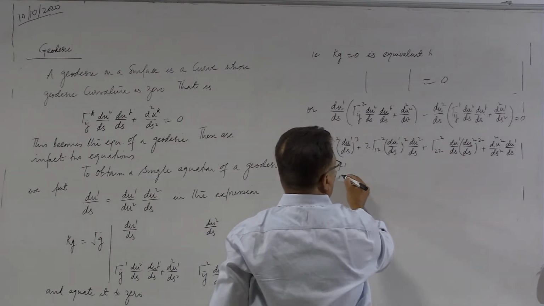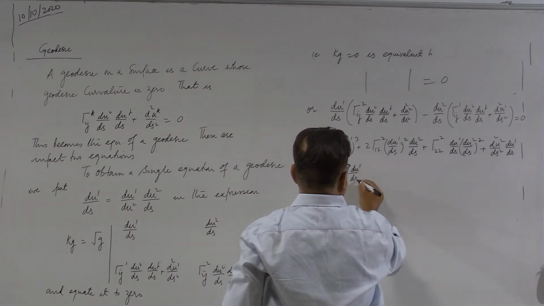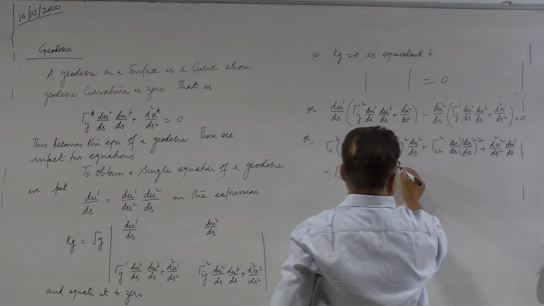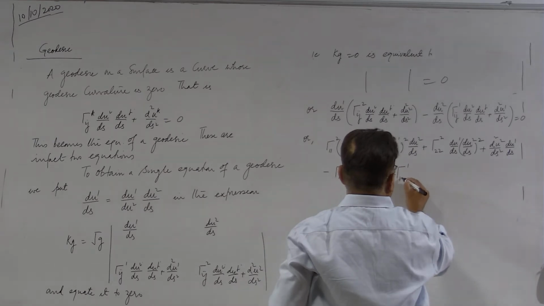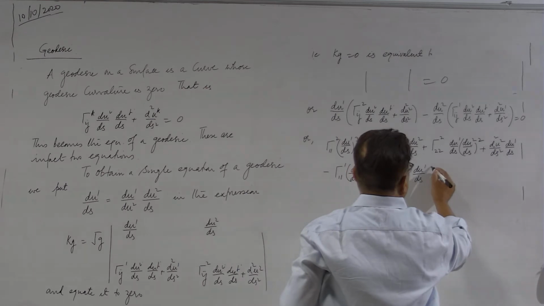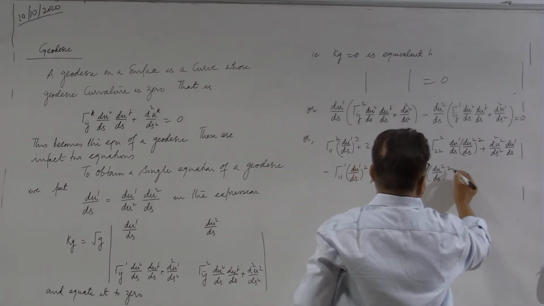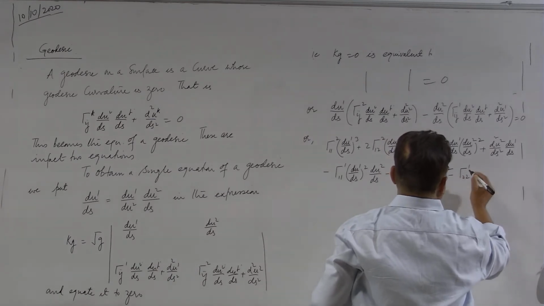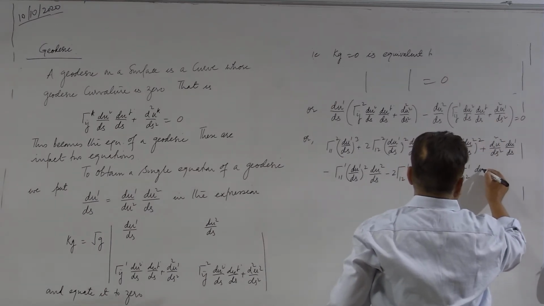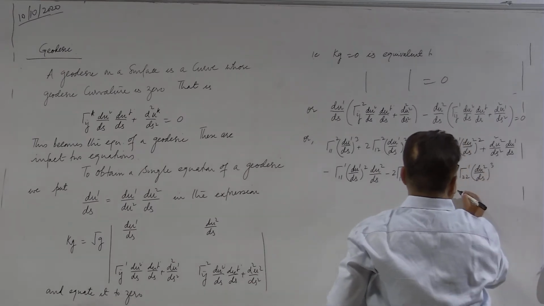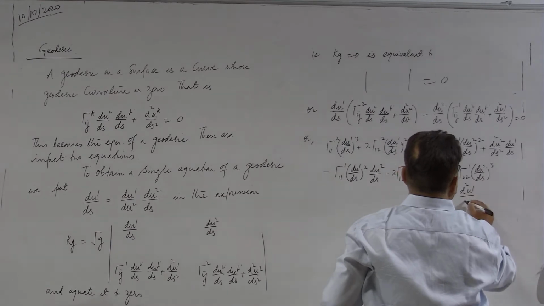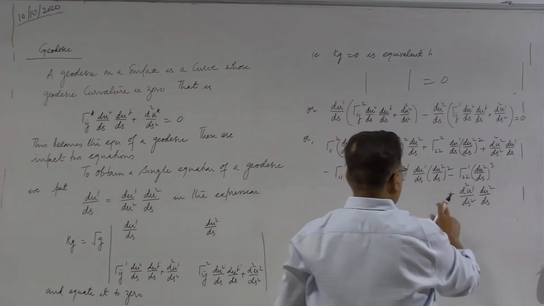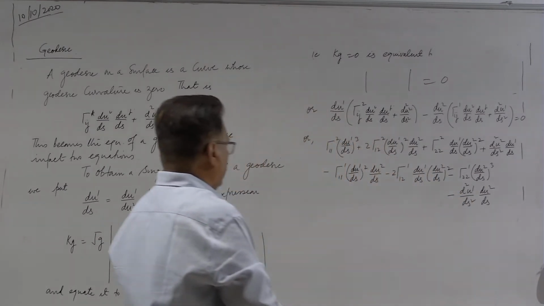So, minus gamma 1 11 (du1/ds) whole square into du2/ds, and minus once again 2 times gamma 1 12. So, du1/ds into (du2/ds) whole square, plus again minus gamma 1 22, this will be du2/ds, so (du2/ds) whole cube, and the last term is d²u1/ds² into du2/ds with minus sign.